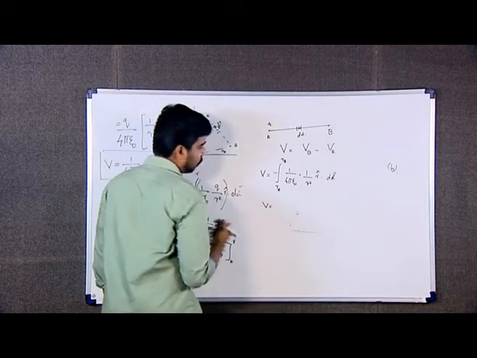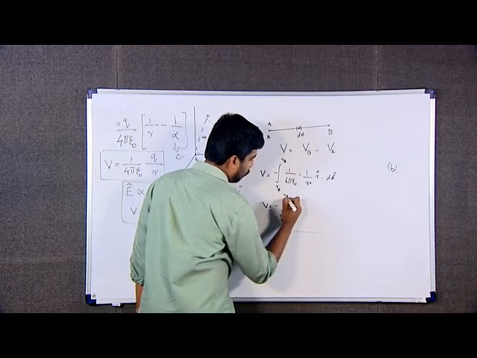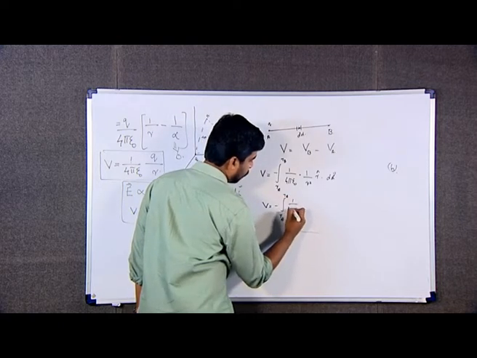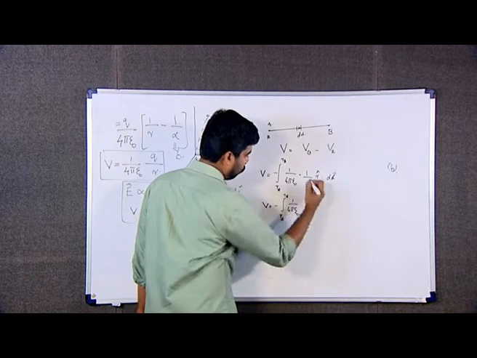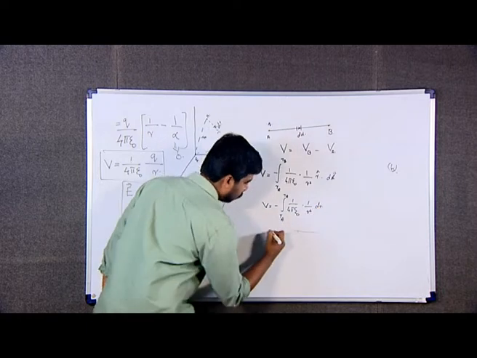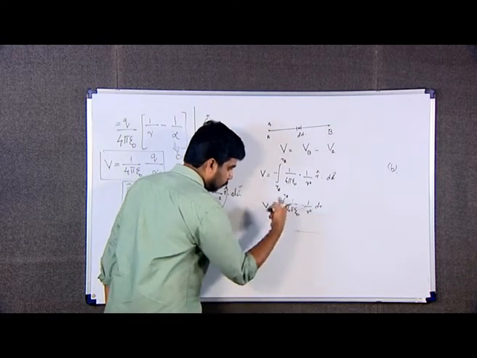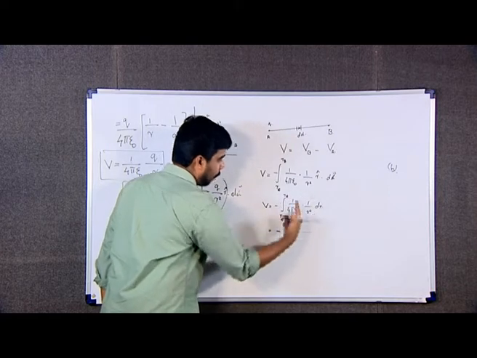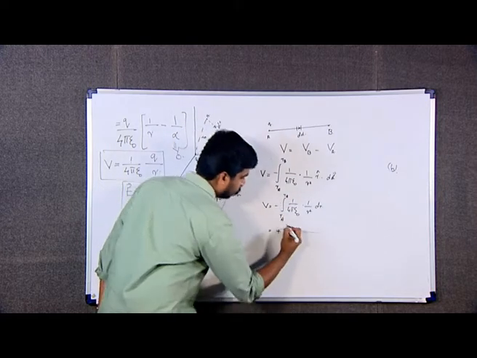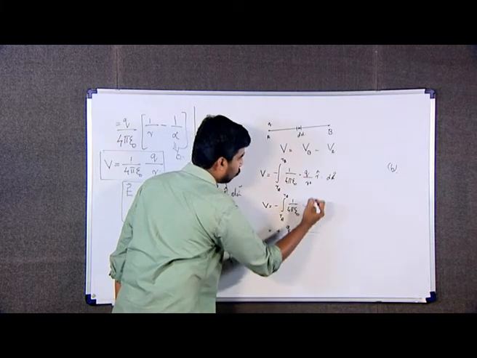So, I can write V equal to minus the integral from Ra to Rb of 1 by 4 pi epsilon 0 into 1 by r square dr. There is a minus sign, and on integrating 1 by r square that will become positive. There is one more thing, there is a q here.